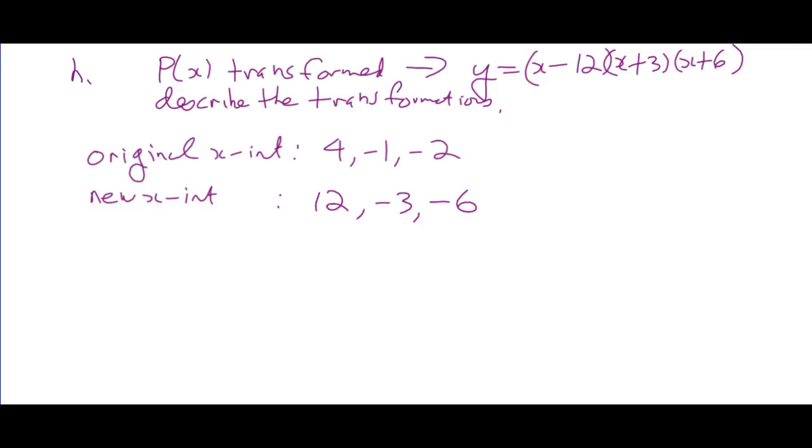How do these compare? They're 3 times. So there must have been a horizontal stretch by a factor of 3, right? Because our new intercepts are 3 times. It wasn't a move. We didn't translate it. Translating it, you can't get, we still retained it had to be stretched by a factor of 3. So we're going to say, hey, this to this means, therefore, a horizontal stretch by a factor of 3.